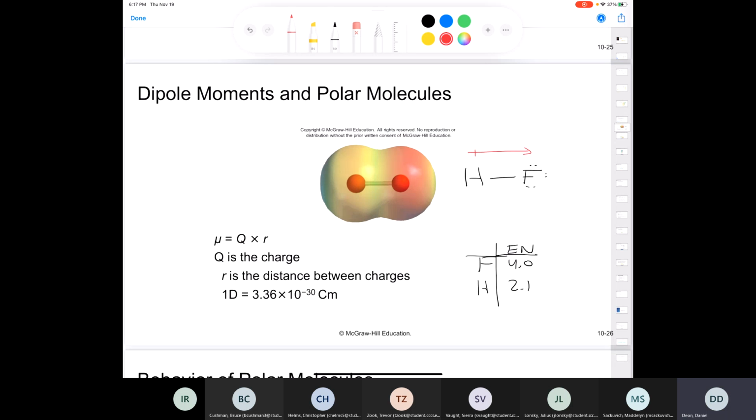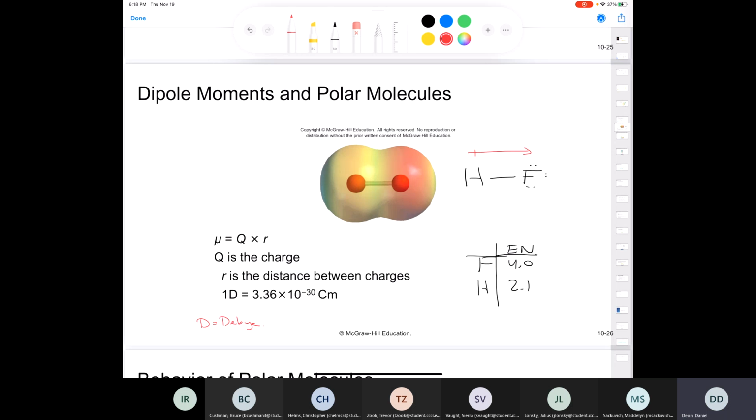I'm not going to ask you to calculate a dipole moment. A dipole moment is this variable here, mu, which is charge times the distance between the charges. And the unit we use for dipole moment is 1 D. The big D stands for debye.